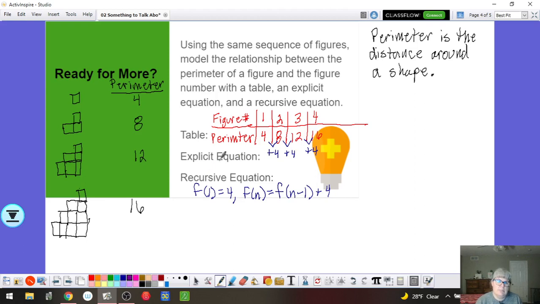So for the explicit equation, we're going to say that f of n equals 4 times the term number, so 4n. Now, this had that constant difference right away. So the first difference is constant.